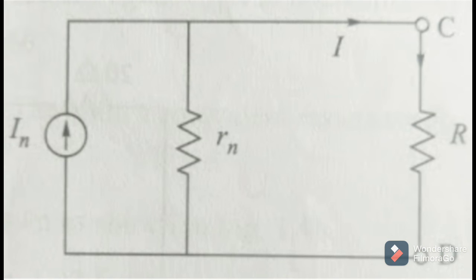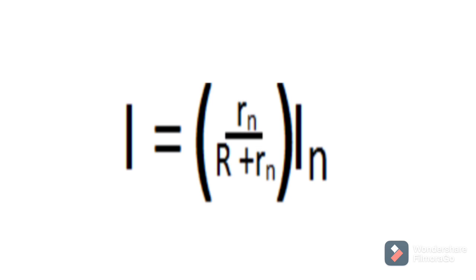As shown in the circuit, apart from the load resistor, the Norton equivalent current source and Norton equivalent resistor are connected in parallel with each other, and the current flowing through the load will be found by the following formula. That means I equals Rn divided by R plus Rn into the total equivalent Norton current In.